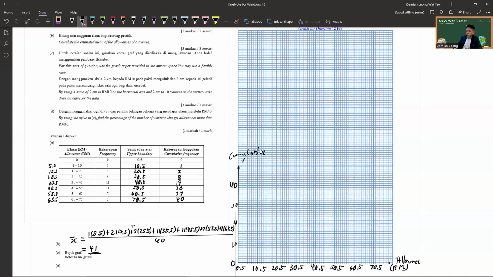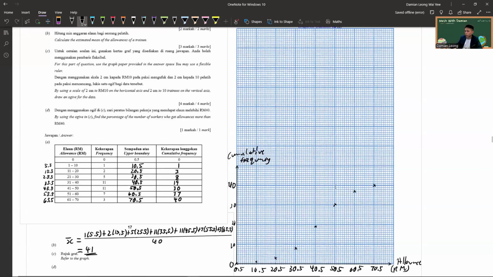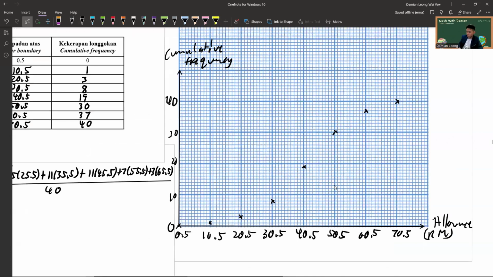Cumulative frequency. Yeah. So it starts from 0, then 1, 3, 8, 19, 30, 37, 40. Yeah. Okay.